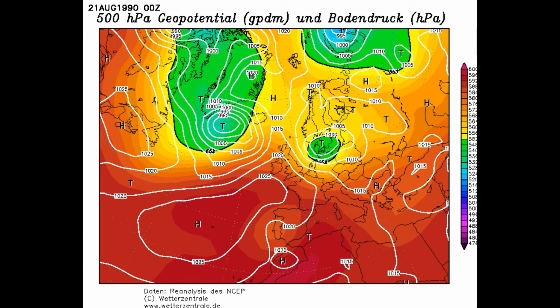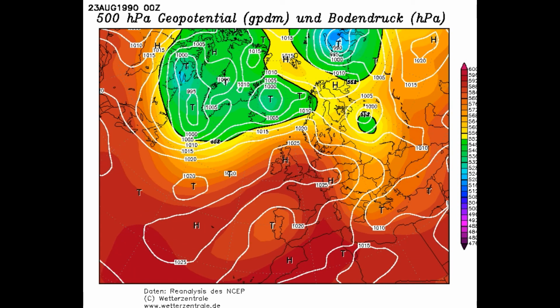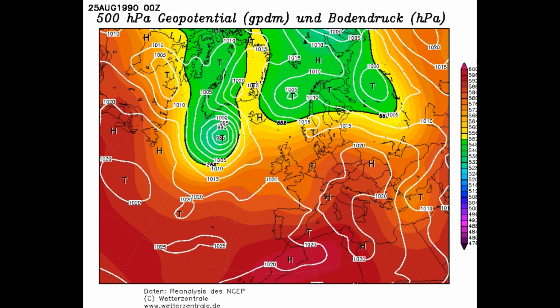So as we move towards the end of August, of course, we're getting quite late in the summer now, and there are signs that heat could return. And then as we go through the 22nd and into the 23rd of August, again the Azores high has another go, builds through the country, and actually on the 24th and the 25th of August, we get some severe thunderstorms in Ireland and the east of England, as that ridge just weakens slightly and we bring low pressure out of Spain and France.